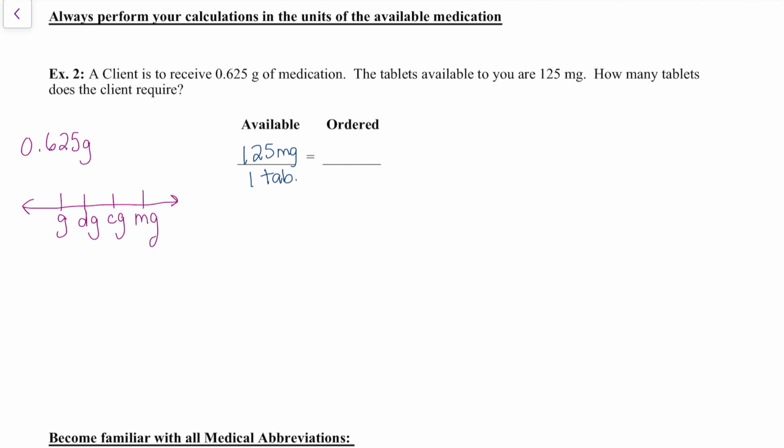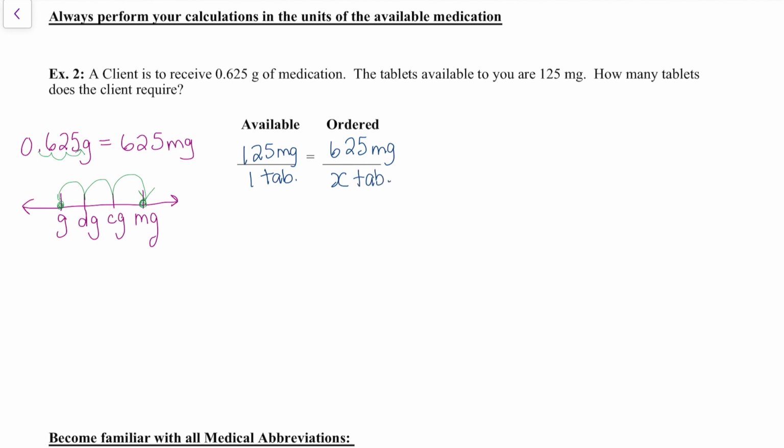So to get from grams to milligrams, I'm timesing by 10, 1, 2, 3 times, which is 625 milligrams. So the client needs to receive 625 milligrams, and they want to know how many tablets is that.